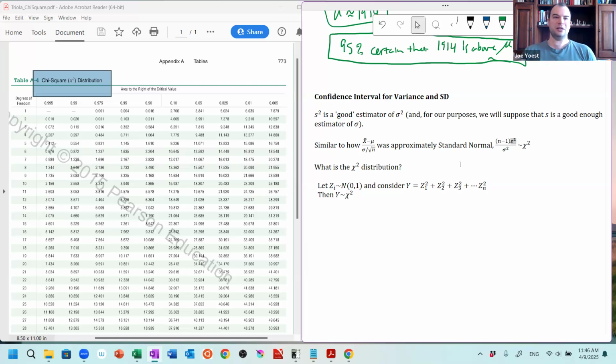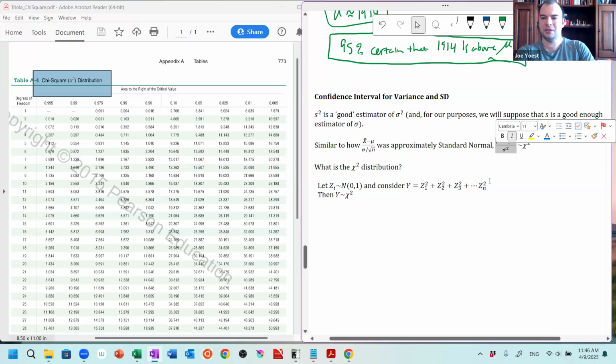And if I took another random sample from the population, computed S squared for that second sample, I'd probably get a different number. So S squared is a random variable the same way that X bar is a random variable. So the sample statistic S squared, when scaled by dividing by sigma squared, the population parameter, and then we have to multiply by n minus 1.